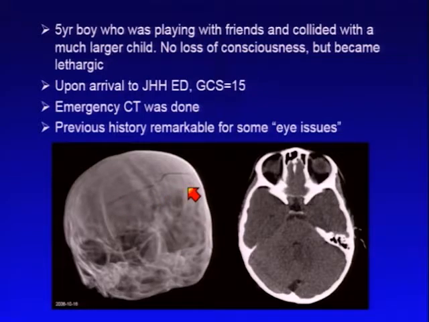This is a skull fracture. Now, the neuroradiologist who read this, and I admire him for seeing it, he saw also something else. Does anybody see what else he saw? So maybe he was already a little bit pushed by the fact of eye issues. I don't know, or he's just a really good radiologist.